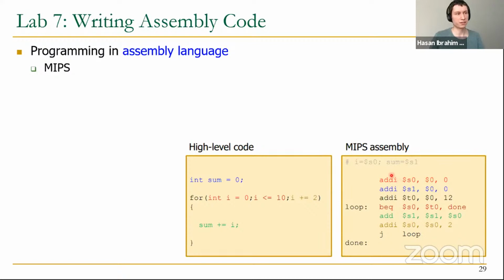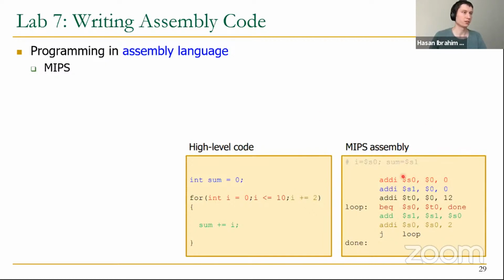You can see that each line represents a different instruction, and each instruction has its operation. So this add immediate represents what kind of operation this is, and also other operands as source and destination operands, right? So what two numbers should add together and where to write the addition result.